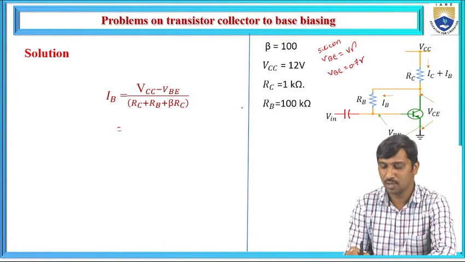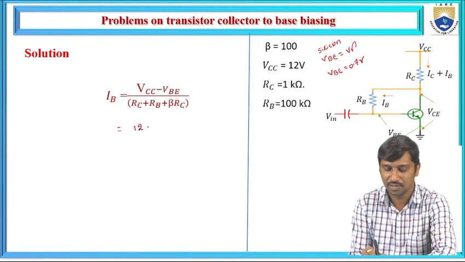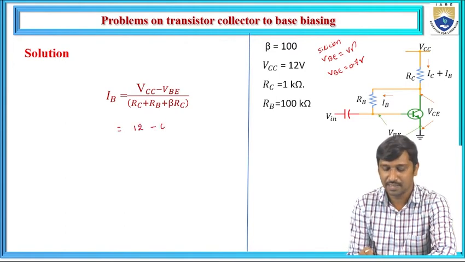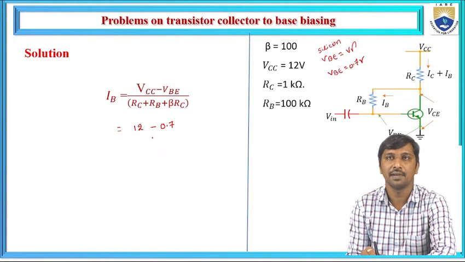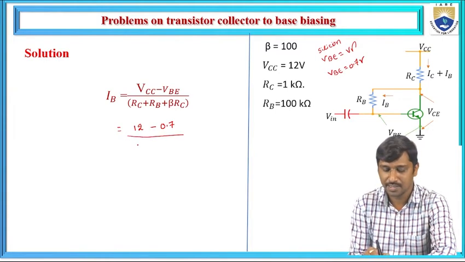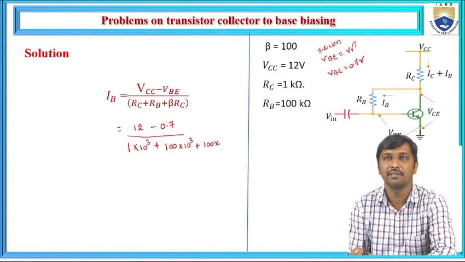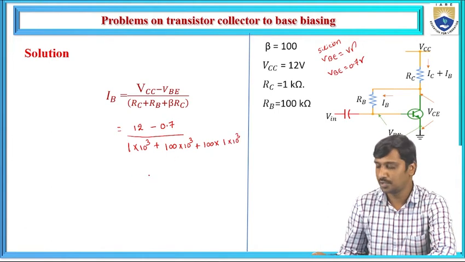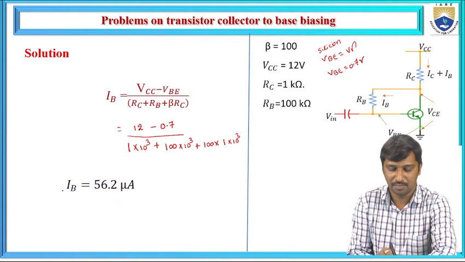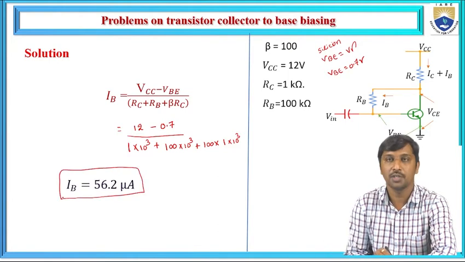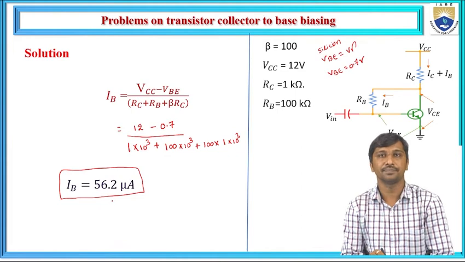Based on the given problem statement, VCC is 12 volts minus VBE, the cut-in voltage, 0.7, divided by RC, 1 kilo ohm, means 1 into 10 to the power of 3, plus RB, 100 kilo ohms, means 100 into 10 power 3, plus beta, 100, multiplied with the collector resistance, 1 kilo ohm, means 1 into 10 power 3. If you solve this ratio, it gives the base current as 56.2 microamperes.